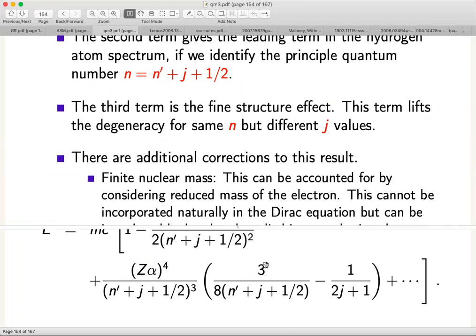The problem was that he did get 3 by 8 times n, but he got minus 1 over 2j. If you do the Dirac equation, then you get precisely minus 1 over 2j plus 1, which is what Sommerfeld had written down.